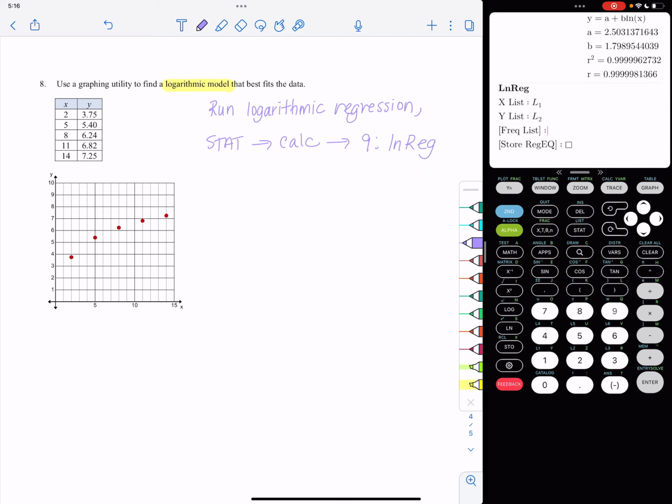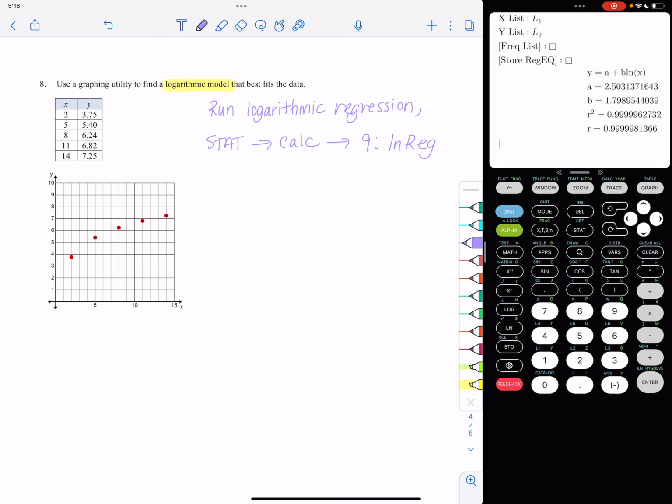And it actually gives us this beautiful form, which is y equals a plus a constant in front of the natural log of x. So as you can see, we now have a model, and that is y equals 2.503 plus 1.799 times the natural log of x.